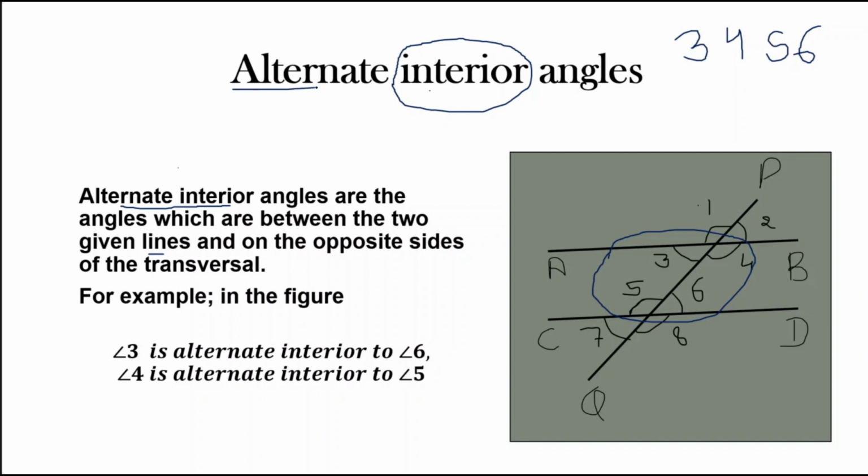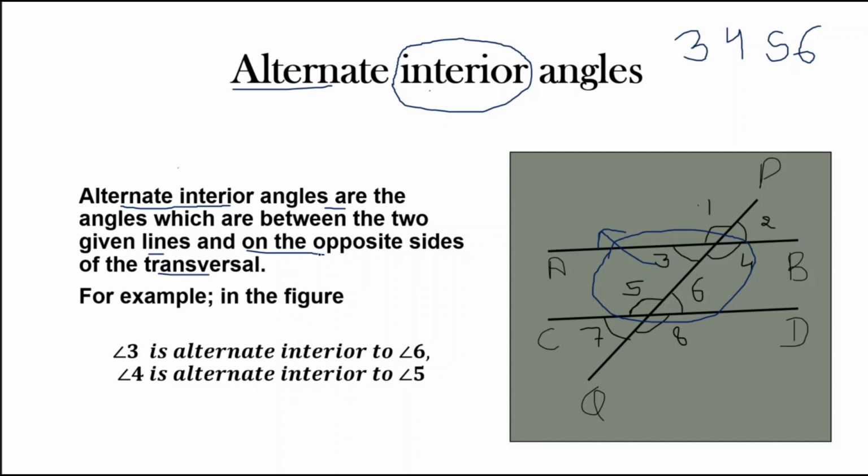Second thing is alternate. As you know, alternate means opposite. So that's why alternate interior angles are the angles which are between the given lines and on the opposite sides of the transversal. Means if I ask you which angle is alternate interior to angle 3, it has to be any angle between the lines. It means it could be 4, 5 or 6.